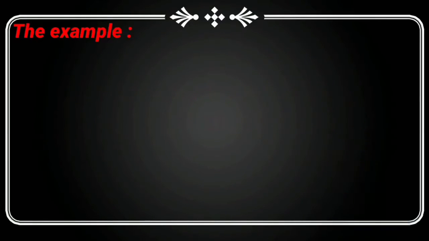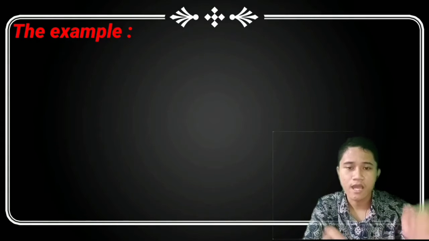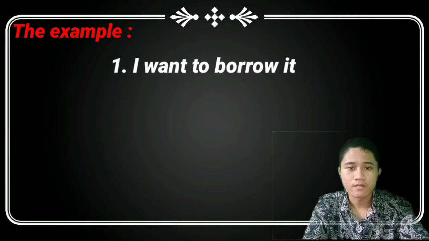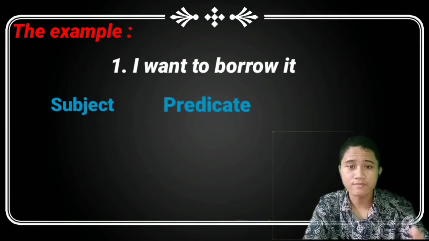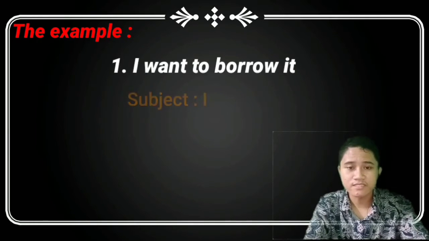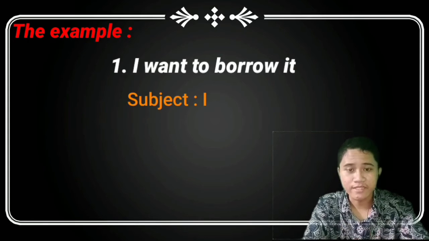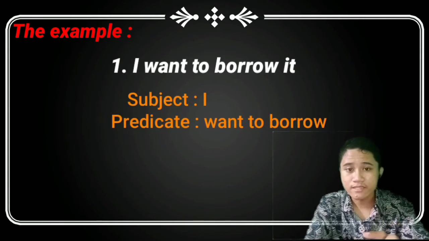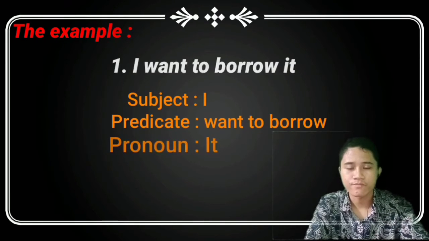For example, we have the sentence I want to borrow it. Here we have a subject, a predicate, and a pronoun. The subject is I, the predicate is want to borrow, and it is a pronoun.